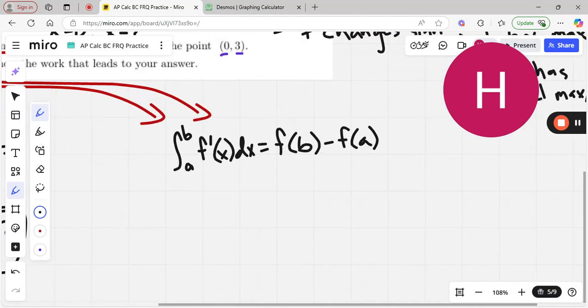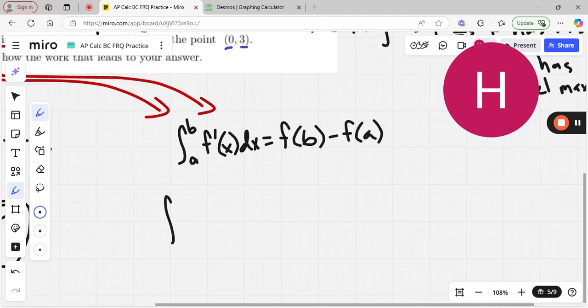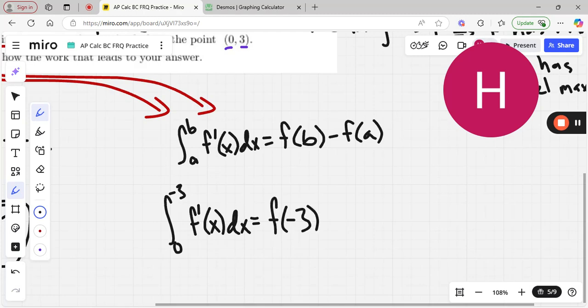We're going to use this fact to say that the integral from 0 to negative 3, that's our first one, of f prime is equal to f of negative 3 minus f of 0. But what I would rather do first is I would say this is equal to the negative of the integral from negative 3 to 0.